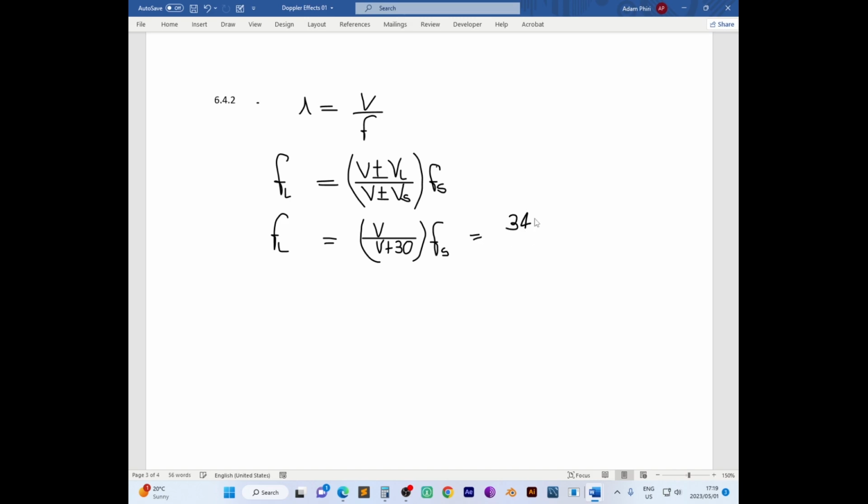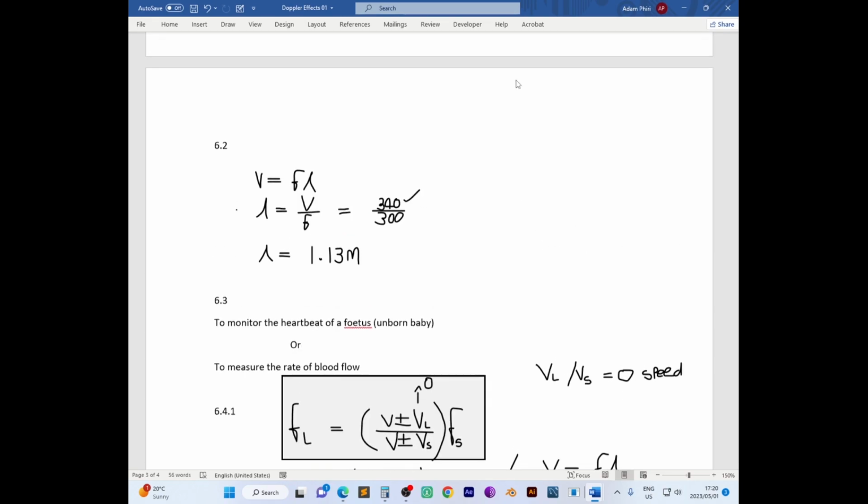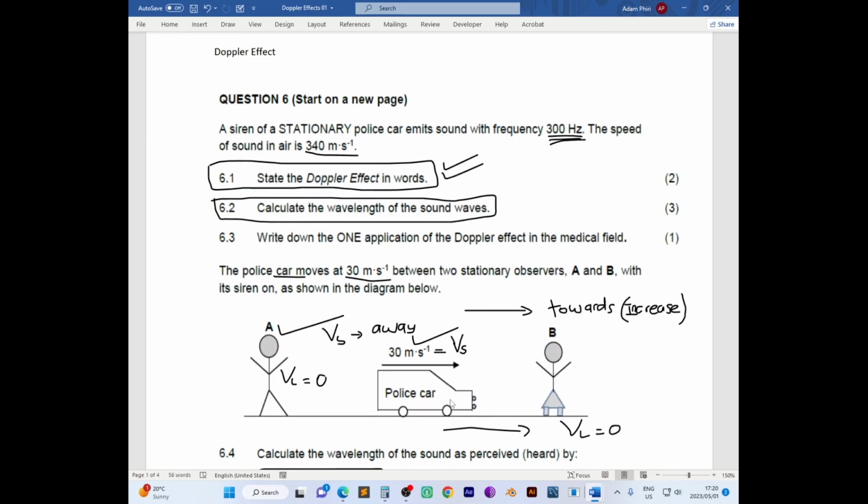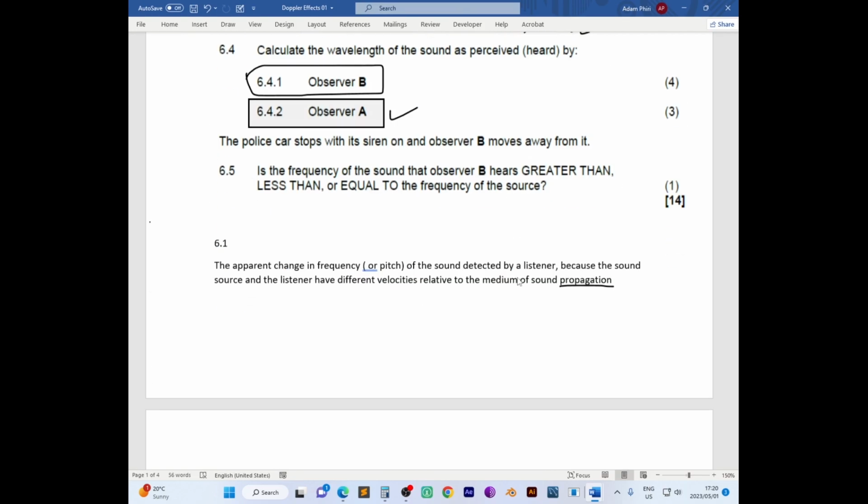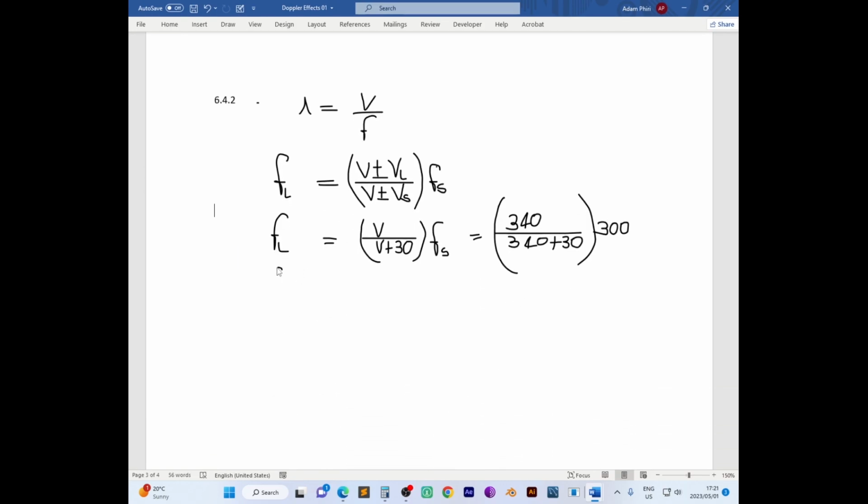And then we have 340 over 340 plus 30, the speed of the source, multiplied by the frequency of the source, which is 300. That's the frequency of the source, the source is the car. Then from there we have our frequency of the listener as the final answer.